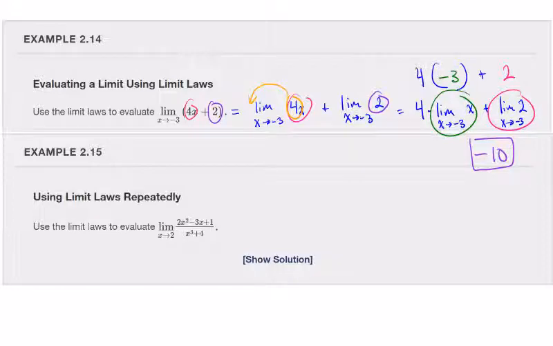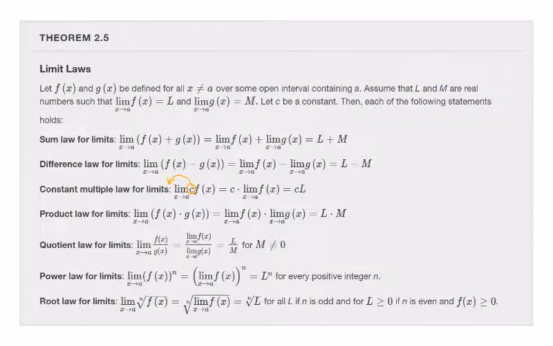All right, now the question may ask you to state the limit laws that you used. So here, this was the sum law of limits. You can just put sum law. And then to go from here to here was the constant multiple law.